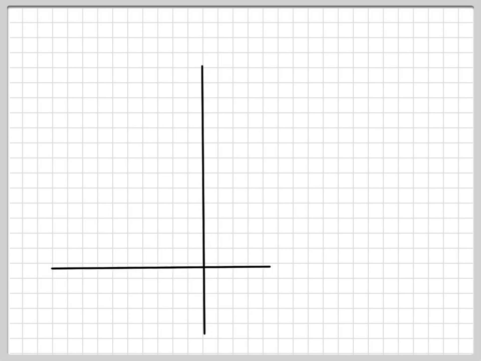That's not too bad. Okay, so we have the point 1, 3, so here's 1, 3. We have the point 2, 6. There's 2, 6. And we have the point 3, 9.